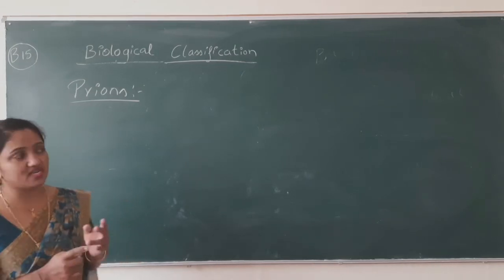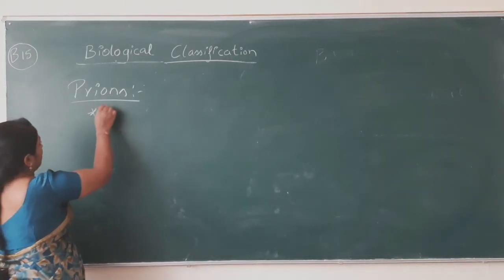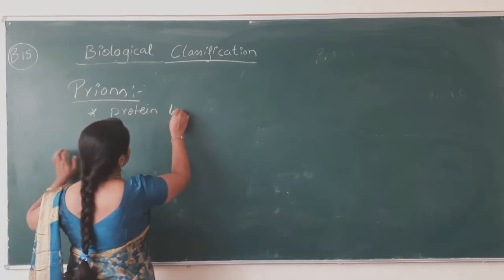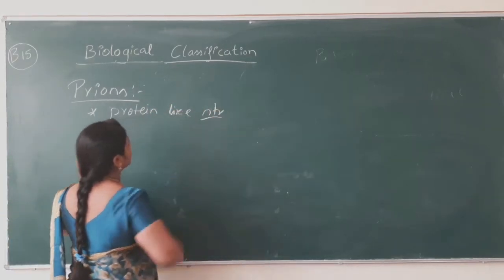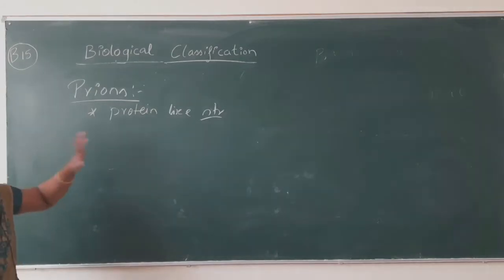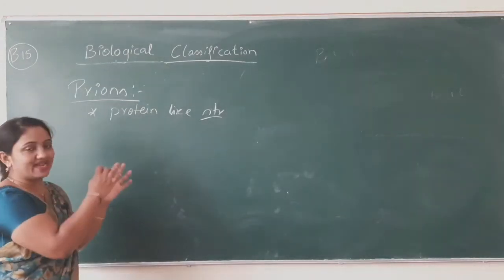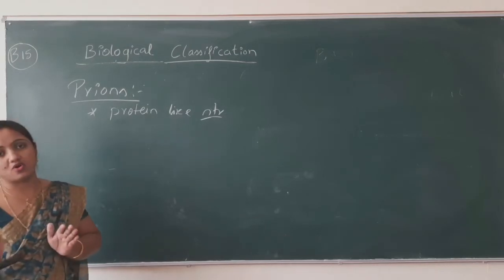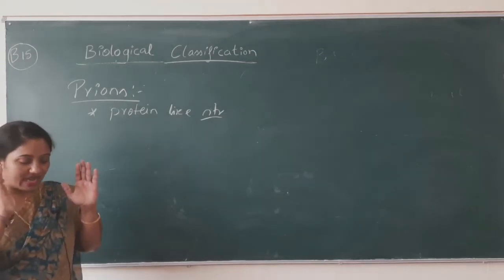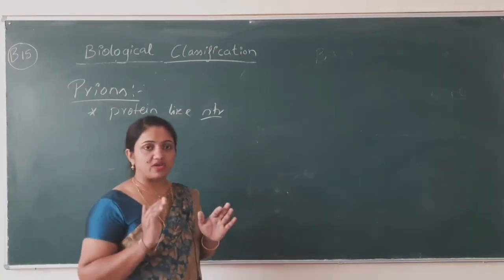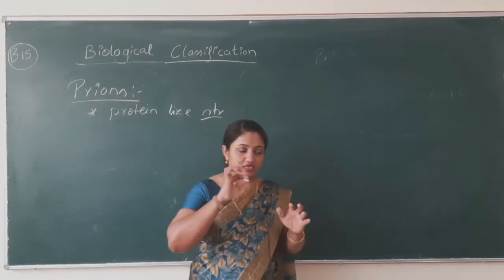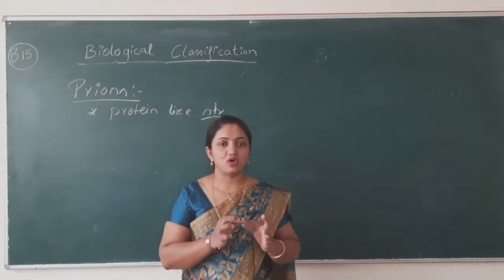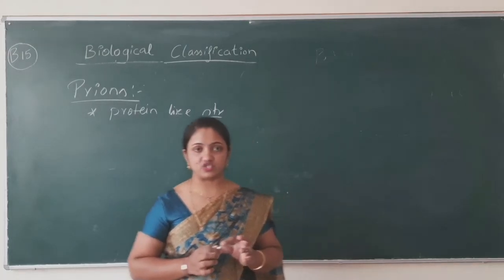Then what actually is it? It is a protein-like structure. Whenever it enters inside a human being or sheep or cow, it directly infects the brain, spinal cord or eye tissue.